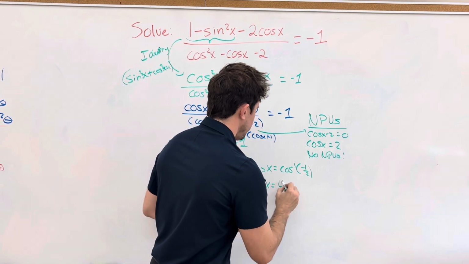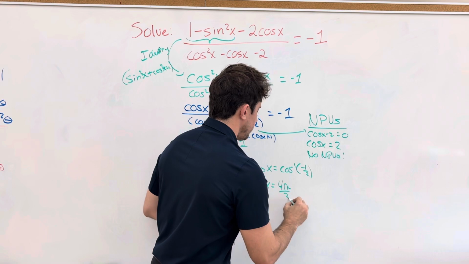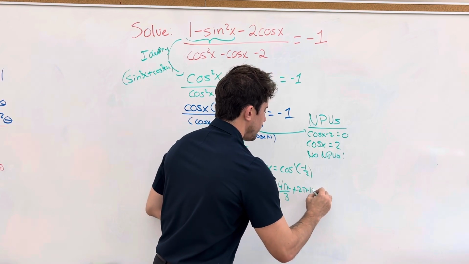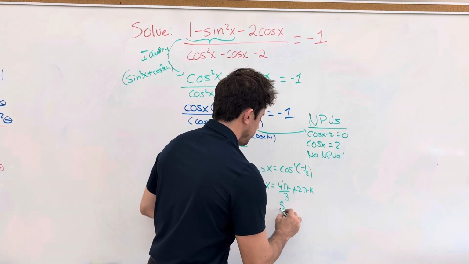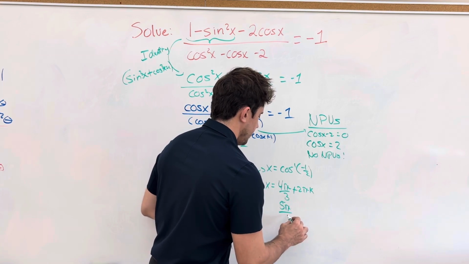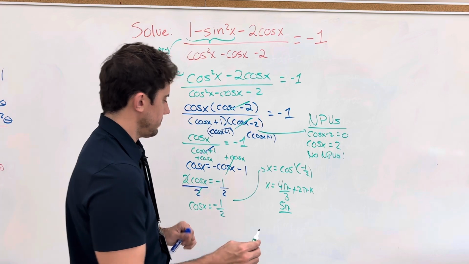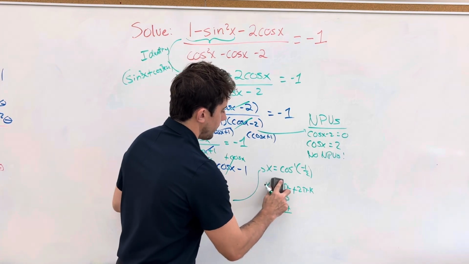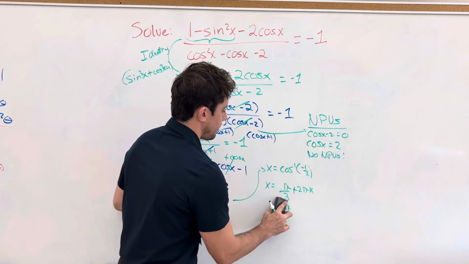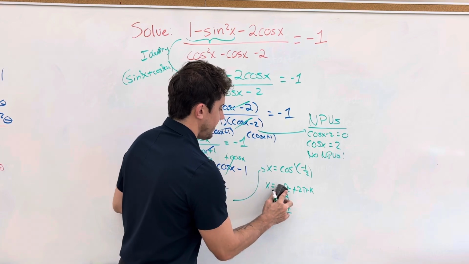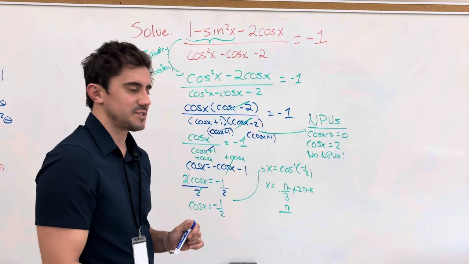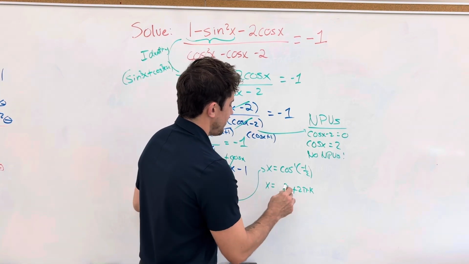And so we'll do 4 pi over 3 plus 2 pi k. Sorry, that's not it. We want 2 pi over 3 and 4 pi over 3. I mistook cos for sine here.